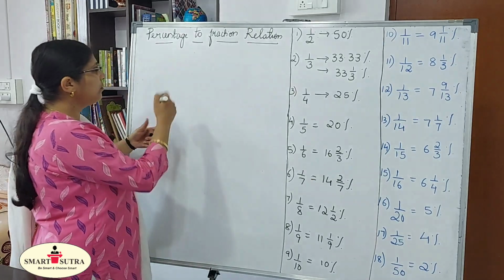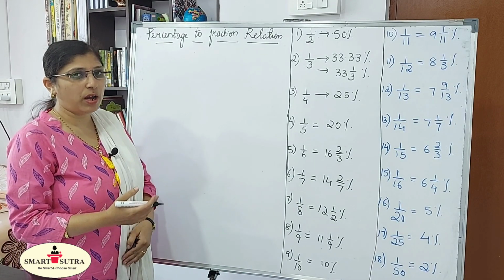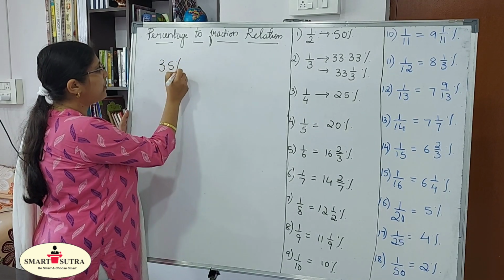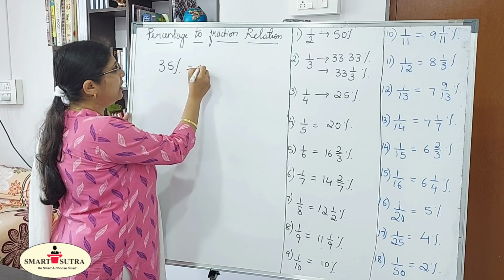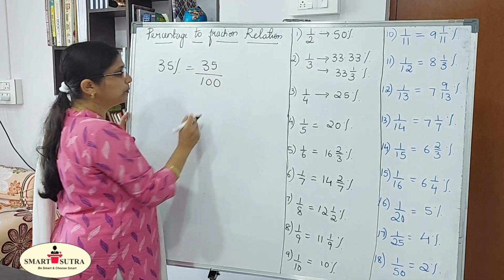Now if we say a person has scored 35% of marks, what do we mean by that? 35% of marks means he has scored 35 marks out of 100.